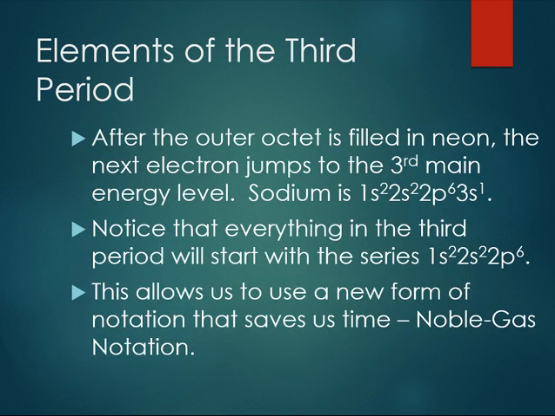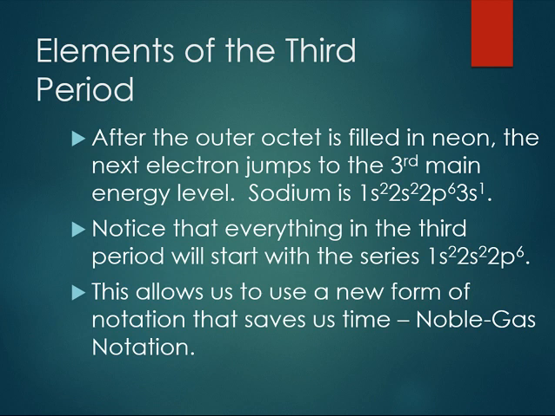Moving on to the third period, n equals 3. After that outer octet is filled in neon, the next electron jumps to the third main energy level, n equals 3. Sodium is the first element that we find, and the electron configuration is 1s2, 2s2, 2p6, 3s1.